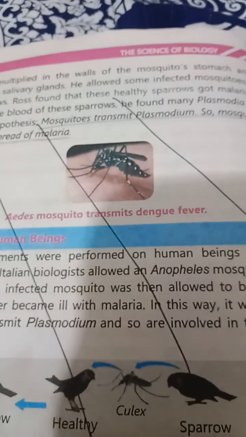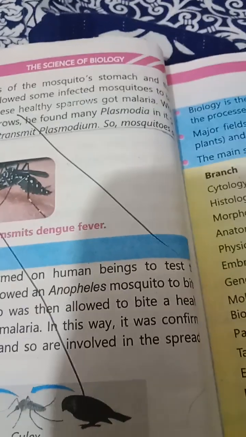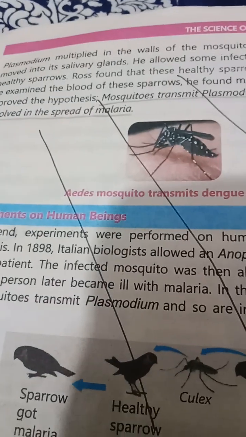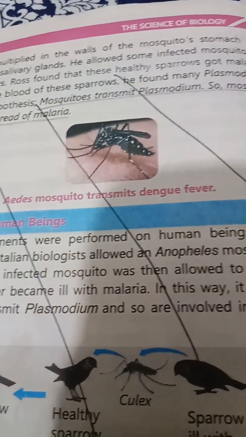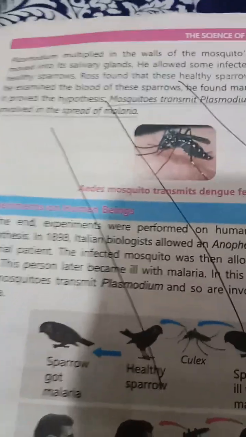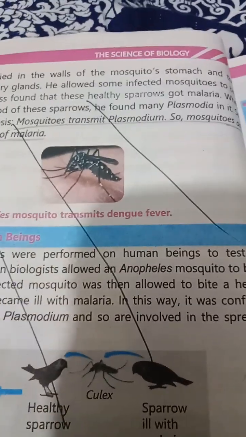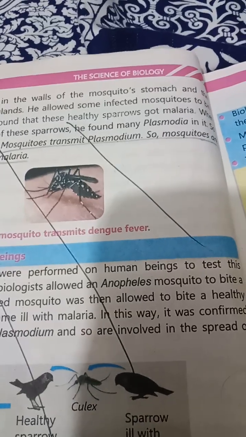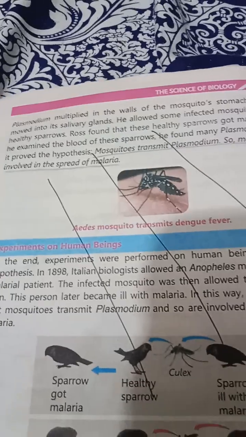Ross found that these healthy sparrows got malaria. When he examined the blood of these sparrows, he found many Plasmodia in it. So it proved the hypothesis: mosquitoes transmit Plasmodium, so mosquitoes are involved in the spread of malaria.